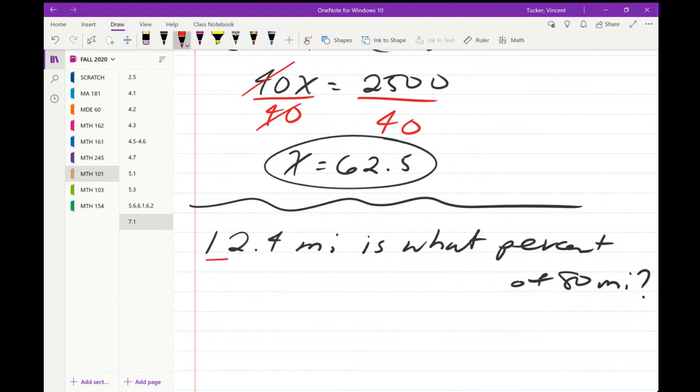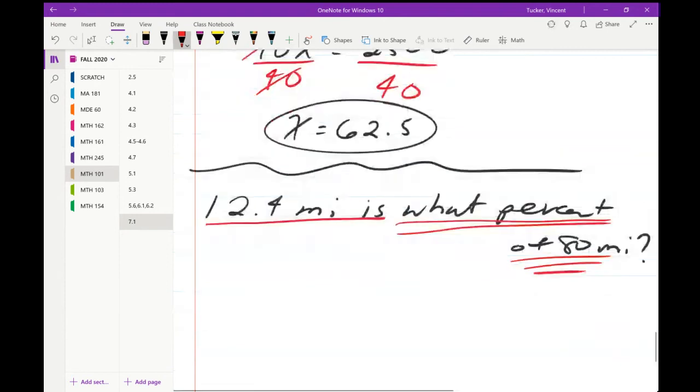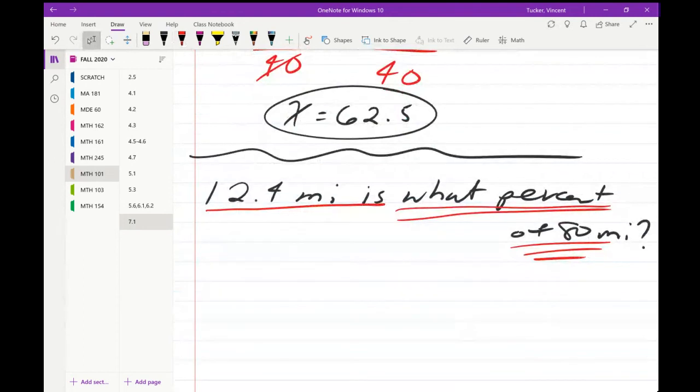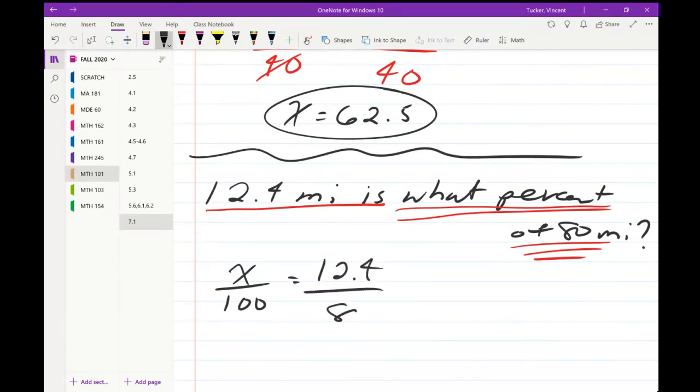So once again, looking for that is, percentage, then your of. This time our percent is unknown, so it'll be x over 100. Is 12.4, of is 80.